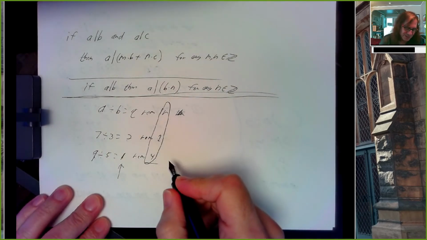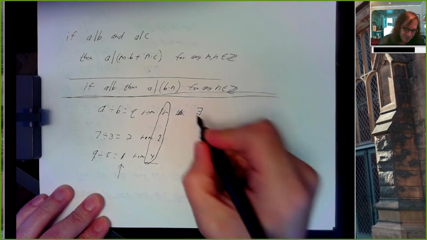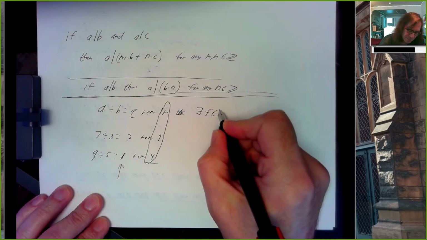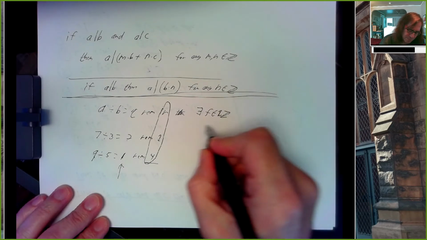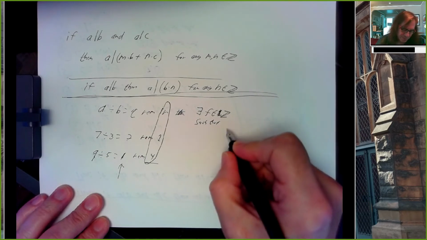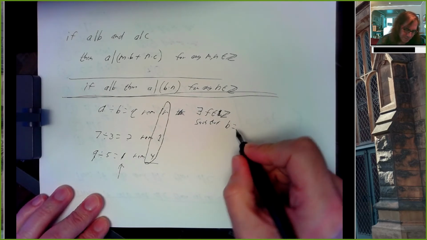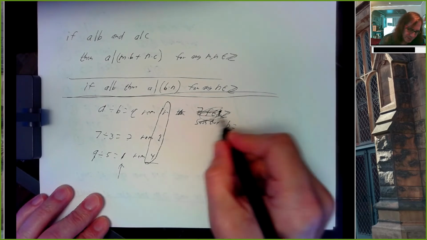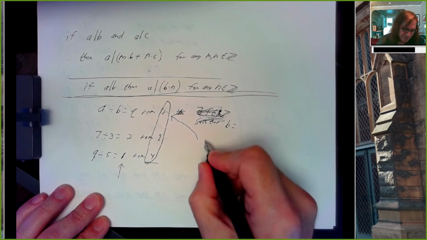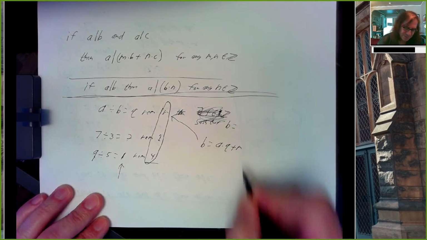What we're saying is there exists some integer Q such that B is equal to, well, I can make this easier. This thing right here is saying B equals A times Q plus that remainder.